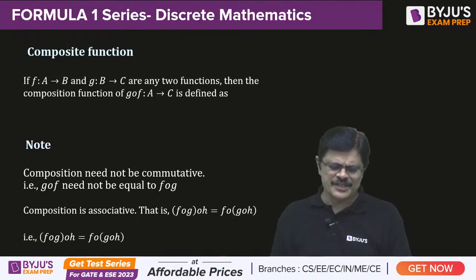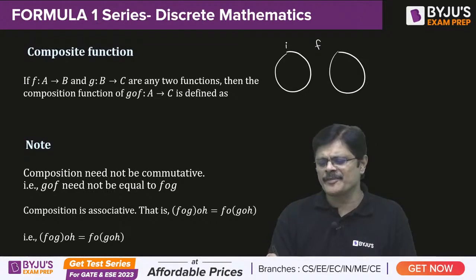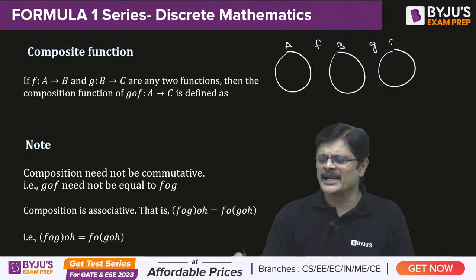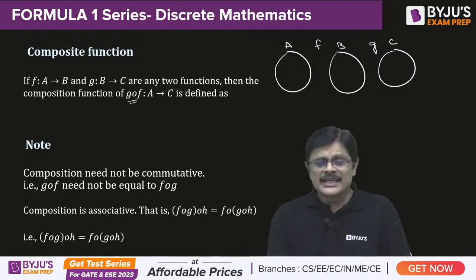So composite functions. Okay. Now suppose f is a mapping from set A to set B, and G is a mapping from set B to set C. See here, in circle notation, the second function you write first, then circle, then the first function.